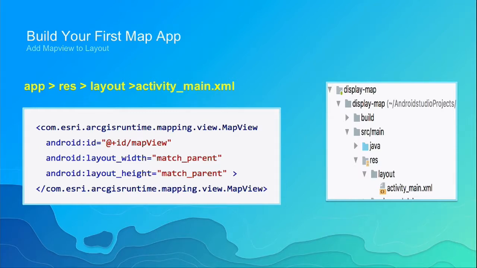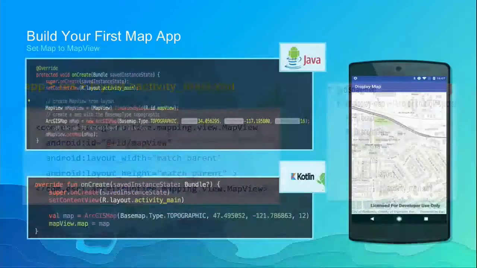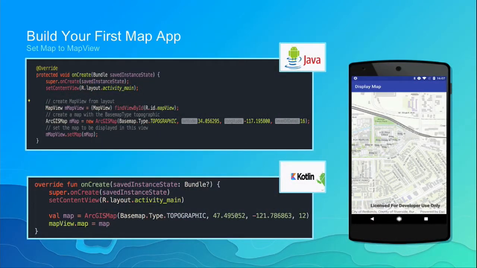You go to the layout from the resources file, you add the MapView component, and then you come back to your activity code, and on create of your activity, you basically find the MapView that you added in your layout file. That's the view component, and then you have the model component, which is the ArcGIS map.